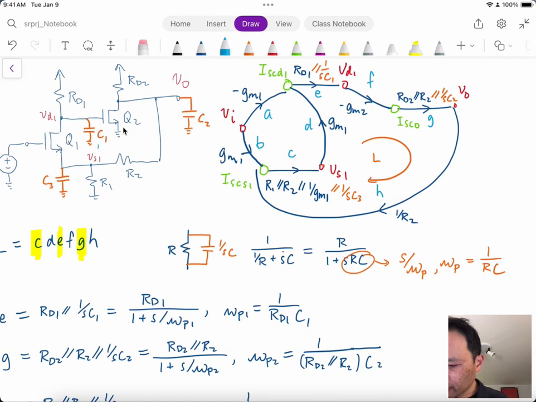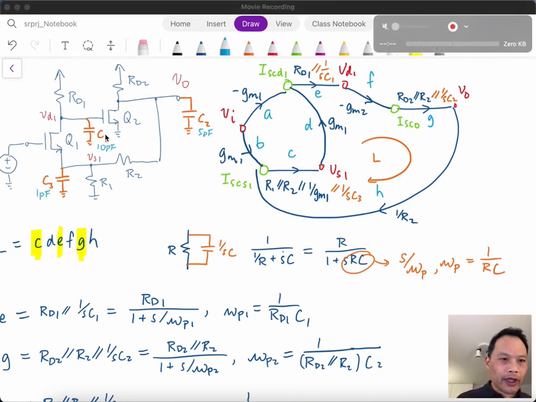So let's use 10 picofarads, 5 picofarads, and 1 picofarad here.